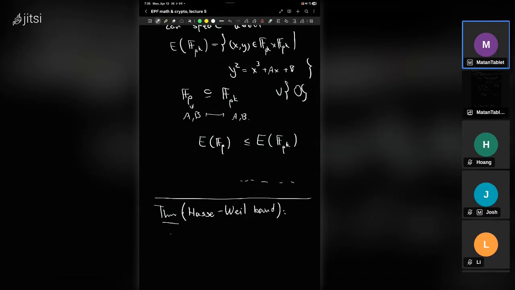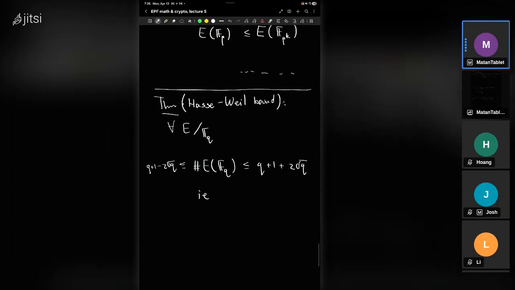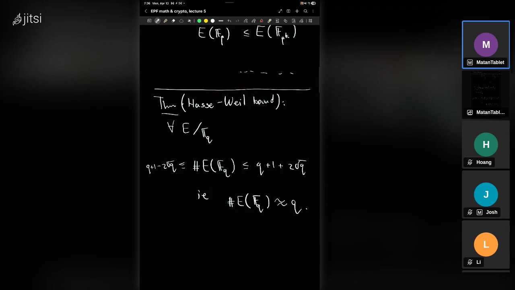It says that for an elliptic curve over some field FQ, the number of points of E over FQ is bounded below by Q plus 1 minus 2 square root of Q, and bounded above by Q plus 1 plus 2 square root of Q. And this really means, to simplify, that the number of points of E over FQ is approximately Q. So if you choose a large field, you are guaranteed to get a large group.